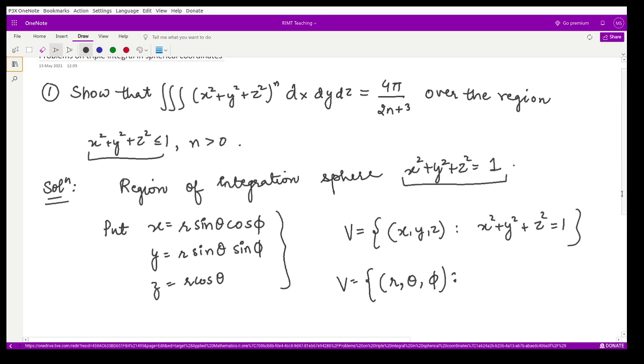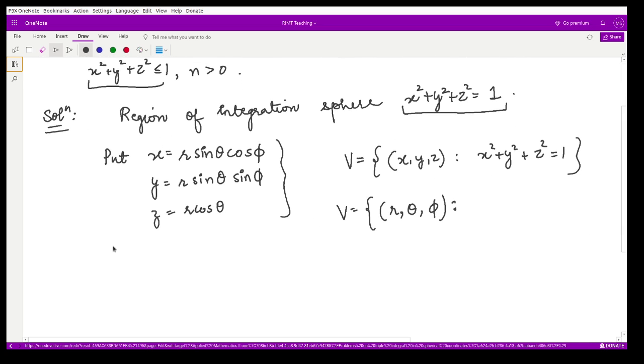What are the limits for r, θ and φ? According to these conversions, r is always greater than 0, the value of θ lies between 0 and π, and the value of φ lies between 0 and 2π. This is according to the general sphere.